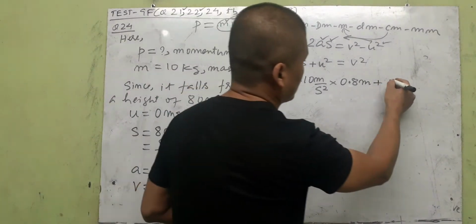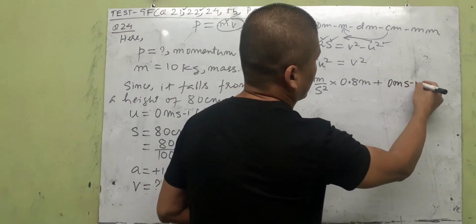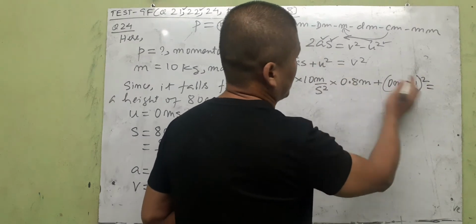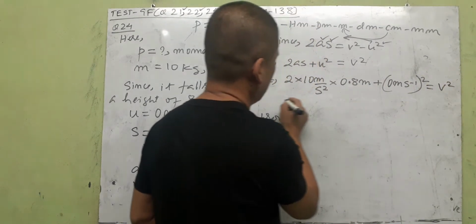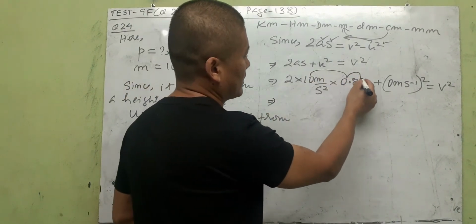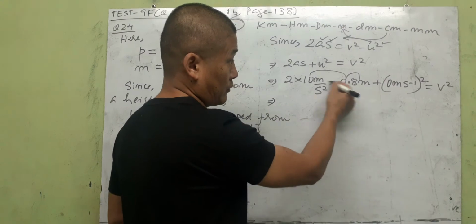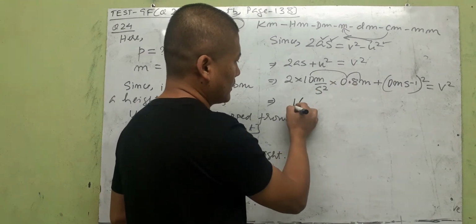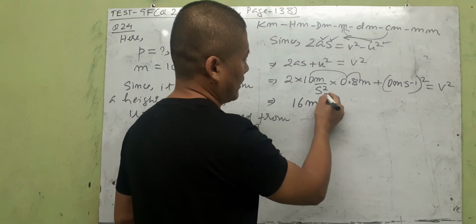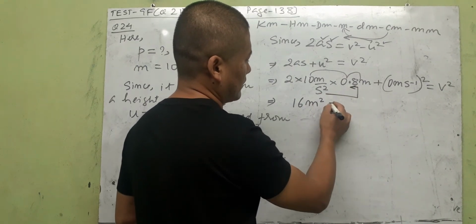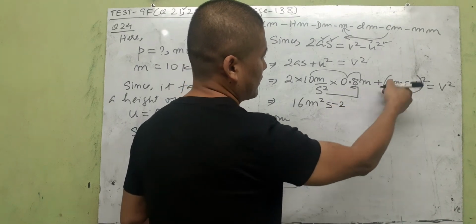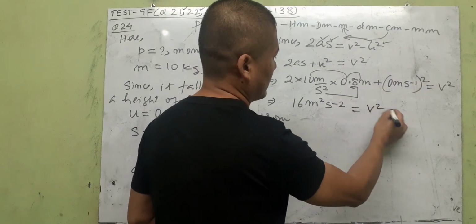So we can write here 0 meter per second, whole thing, square bracket must be there, because this is U square, equal to V square. So that gives you 16 meter square per second square, equal to V square.